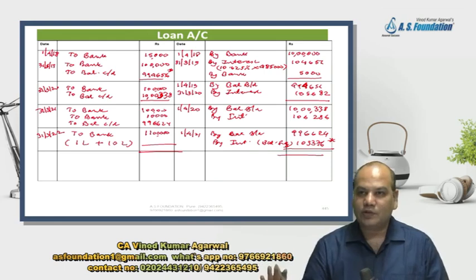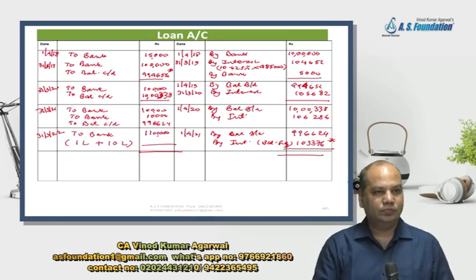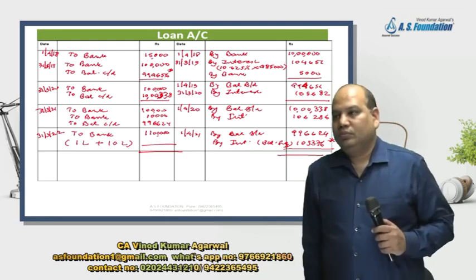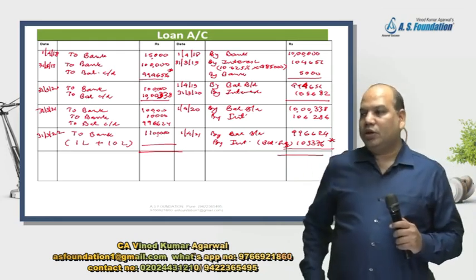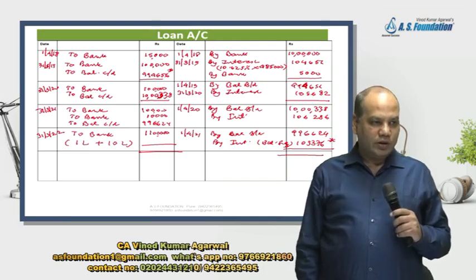So be careful in the exam. In whose books they are asking you, accordingly solve. They can ask you ledger account. They can ask you journal entries. Okay. So these are the three questions on financial liabilities measured at amortized cost. Very easy.